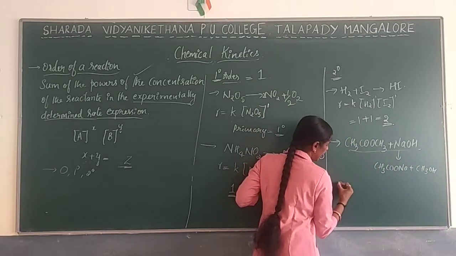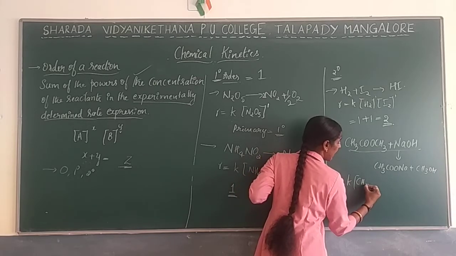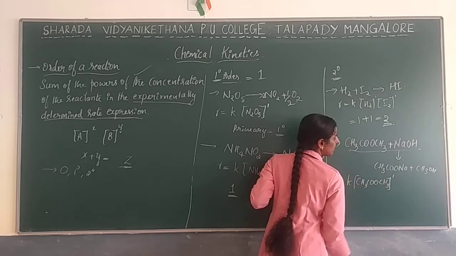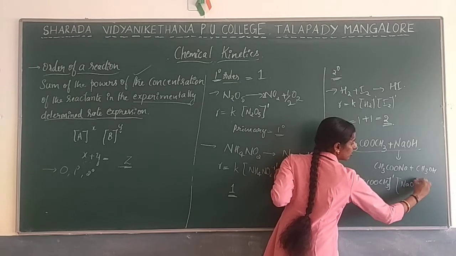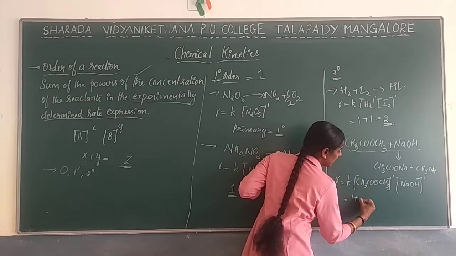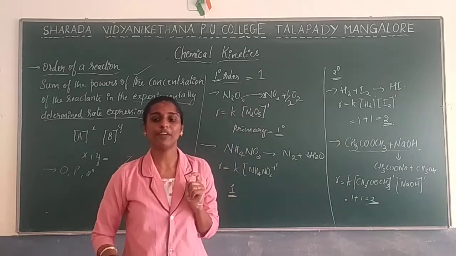For the reactants, when you write the rate, R = K[CH3COOCH3]^1[NaOH]^1. So here 1 plus 1 is 2. So it also undergoes secondary order of reaction.